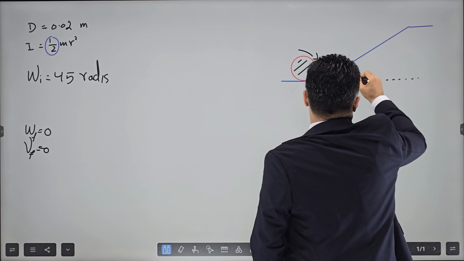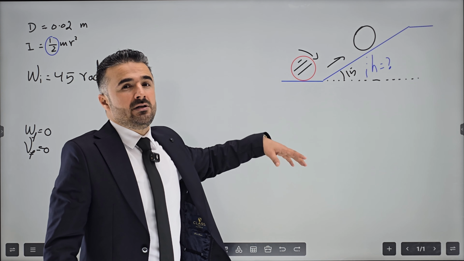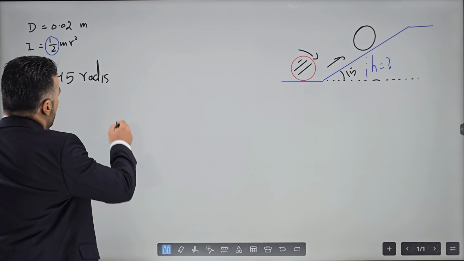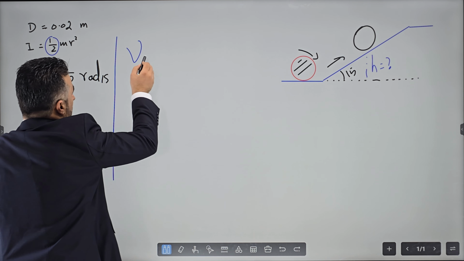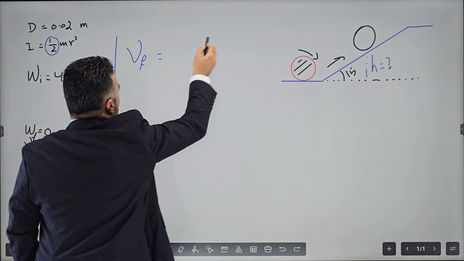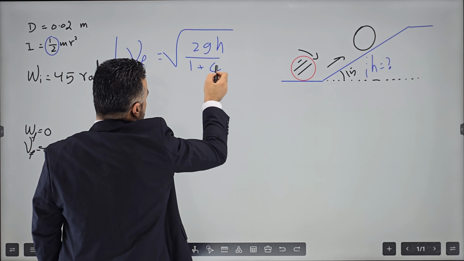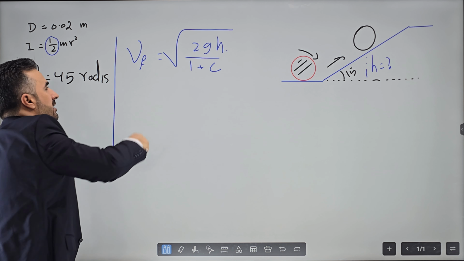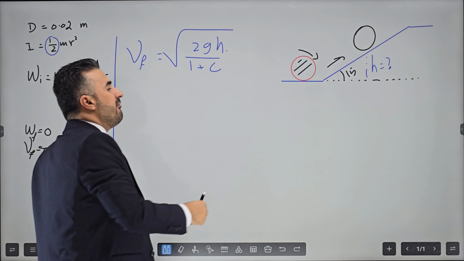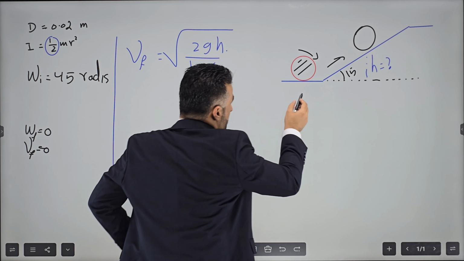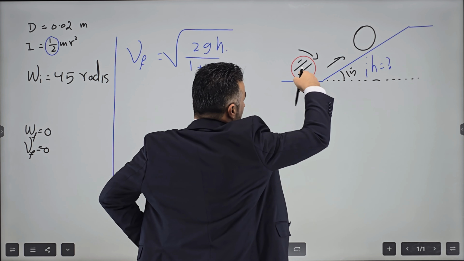So what we're going to do here is use the reverse of the previous questions. What do I mean by the reverse? Previously, we were using this equation: v final is equal to the square root of 2gh over 1 plus c, yes? We had the height, and we were finding v final, let's say how fast it was rolling at the bottom of the incline. But at this point here, we have the initial speed of the object.